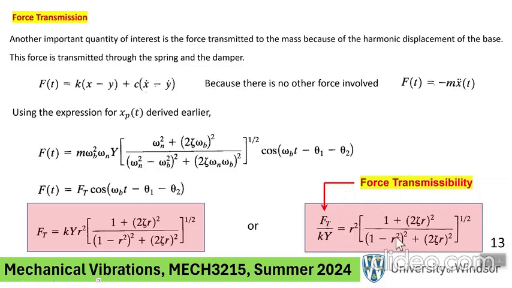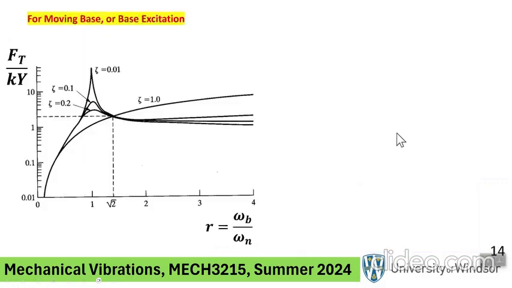You already saw something like that in the displacement transmissibility, but there was no R squared in front of it, but now we do. So force transmissibility is that expression, this ratio, and you can plot it, by the way, just like you did the plot of big X over big Y. Now we do big Ft over Ky.